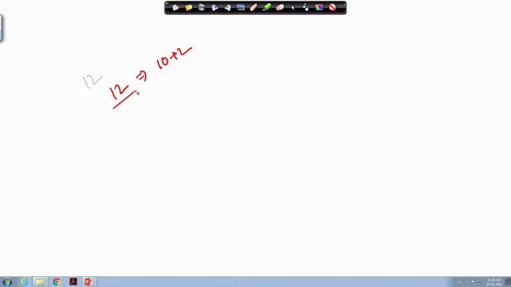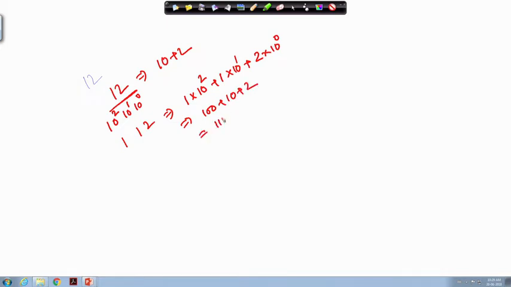So in 12, the 2 is at the 10 to the power 0 position and the 1 is at the 10 to the power 1 position. And 112 means 1 into 10 to the power 2 plus 1 into 10 to the power 1 plus 2 into 10 to the power 0. That is 100, 10 and 2, so total 112.